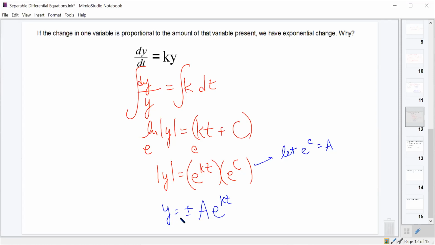We're just going to stick with the positive, and the reason why is y is an amount of something. We're talking about the number of bacteria in a dish, or the amount of radioactive nuclei present, or the number of rabbits that we've got breeding uncontrollably in the classroom, right? None of those things are ever going to be negative, are they? We'll always have a positive value in the end.